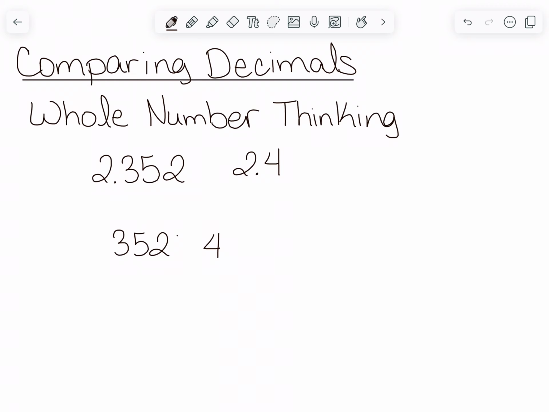They can see 352 is larger than 4, so they say 2 and 352 thousandths is greater than 2 and 4 tenths. However, this is an incorrect way of thinking about the problem. When students think this way, they often think that longer decimals are larger than shorter ones, which is not necessarily true.